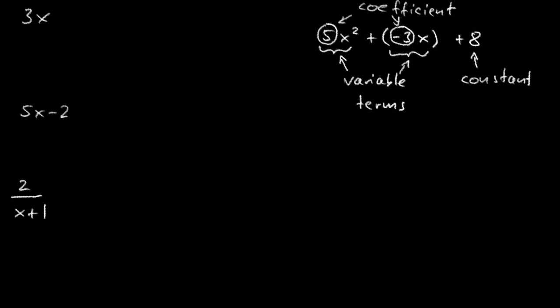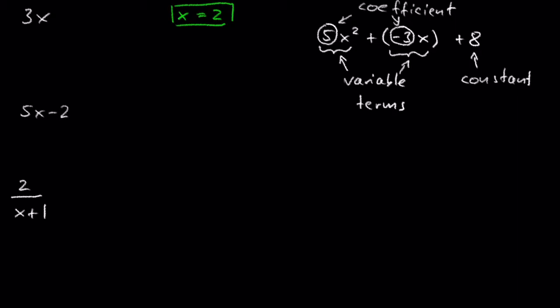Let's evaluate these algebraic expressions if x is equal to 2. So we'll plug in, or in math talk, substitute the number 2 for the value of the variable x.